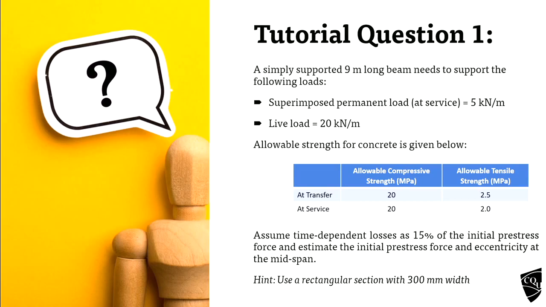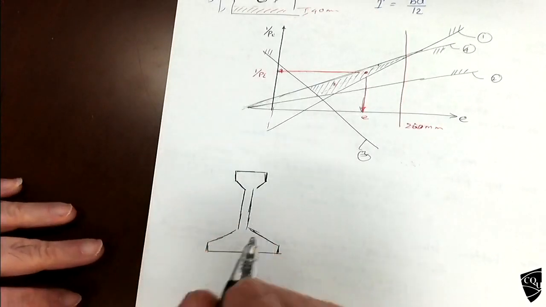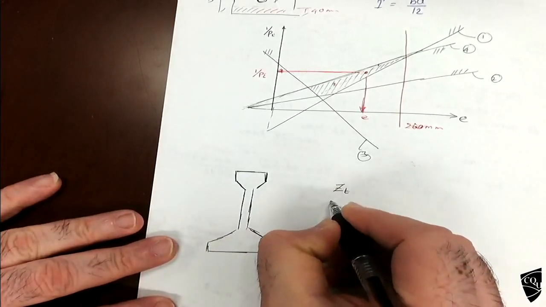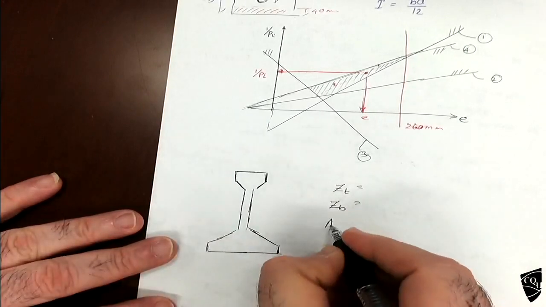I'll talk about this one tomorrow, but you might need to use I section. In this case, they gave what is ZT and ZB. You don't need to calculate; they are given. Cross section area is given.